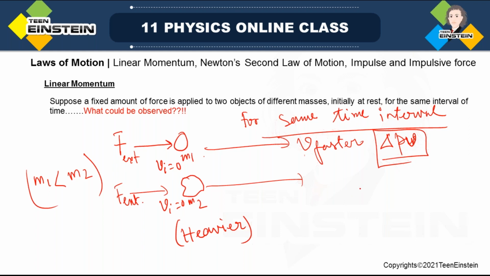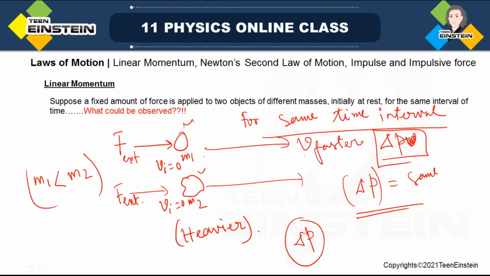Okay, change in the momentum, I say del p, will be same for both the masses. Look here, I have given the same amount of external force to different objects. They have different velocities, maybe, because this is lighter, this is heavier. But what is same? The same is the change in the linear momentum.